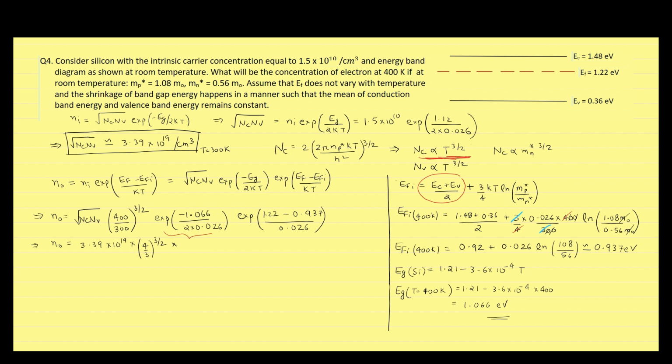After calculating the whole expression in the exponential, we will get approximately 6.63 multiplied by 10 to the power minus 5. The free electron concentration after calculation comes out to be around 3.46 multiplied by 10 to the power 15 per centimeter cube.